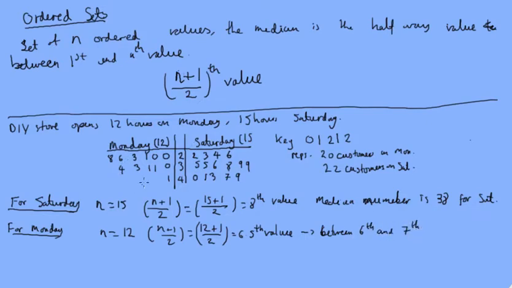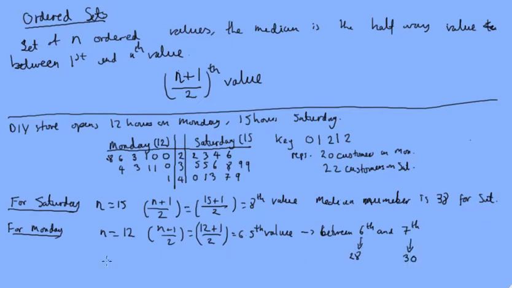So let's find the 6th and 7th. This is the first value, so 1, 2, 3, 4, 5, 6. So there's the 6th. So the 6th value is 28 and the 7th value is 30.